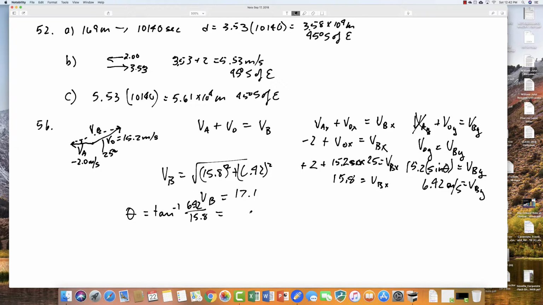And the angle, therefore, is going to be 22.1 degrees. I'm not quite sure how I got the signs messed up here, but I know that this has to be added to this in order to get to VBx, because obviously the x component of VB is bigger than V0. So I'm not sure where I made the mistake on the sign there. So that's the angle.